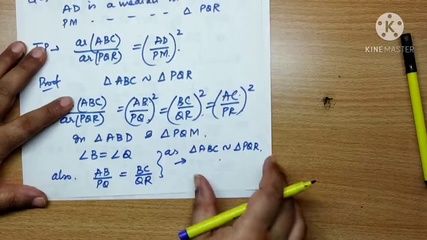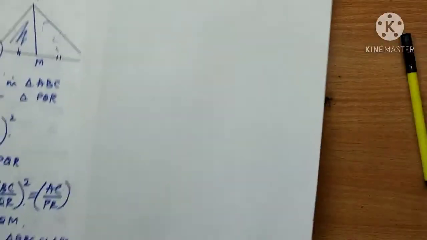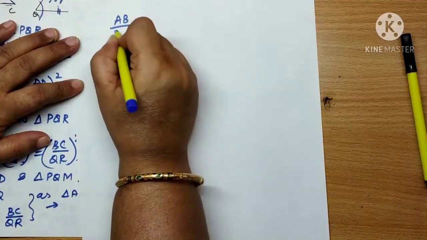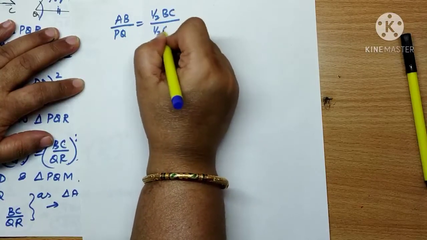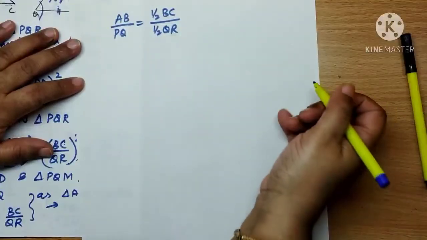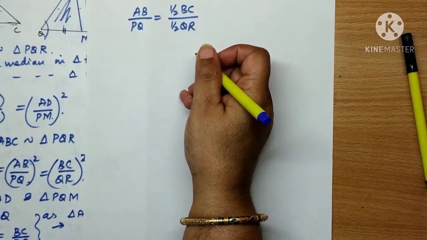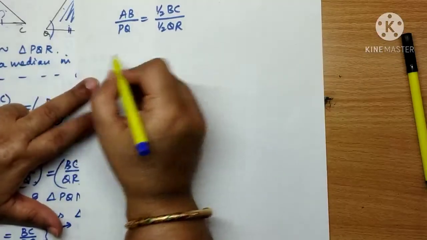Reason same. Now, if AB by PQ is equal to BC by QR, can I talk about half of this? Half of this will be equal to half of this. Ratio will still hold good. Why are we doing half? Because in the question we have medians and median bisects the opposite side.